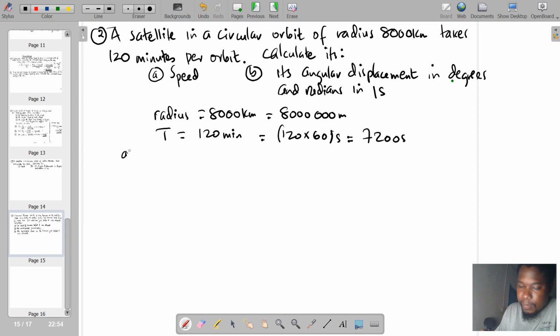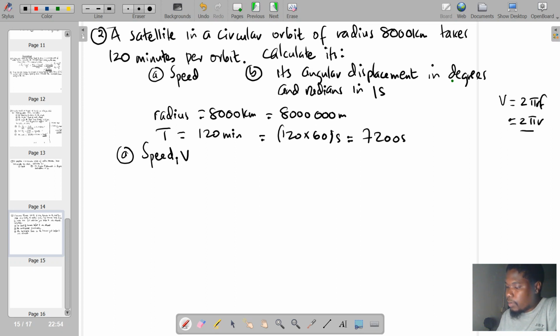So part A says calculate the speed, which is v. With the information given, the periodic time and the radius, let's recall the formulas for speed. We have 2 pi r f, then we have 2 pi r over capital letter T. That gives us v.